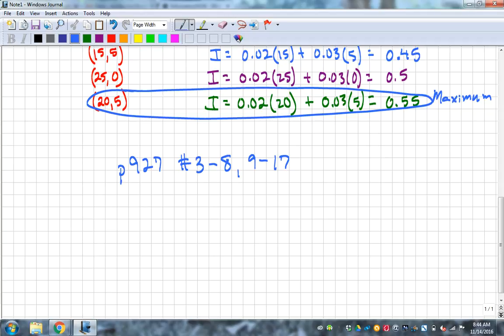Doesn't matter to me. But you've got to get those ordered pairs where the corners of that polygon are. That's the important thing you've got to find. And you find those and either maximize or minimize according to what they ask you to do. You're just plugging those corners, those ordered pairs, into the objective equation. Work it out. Maximum is the biggest one. Minimum is the smallest one. It really doesn't get much more difficult than that.